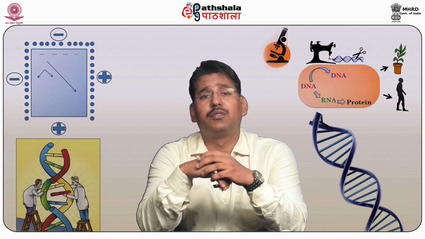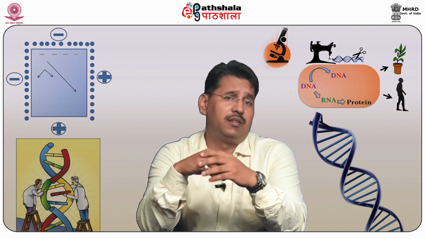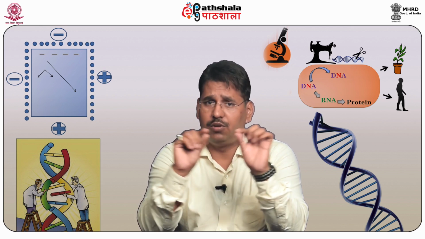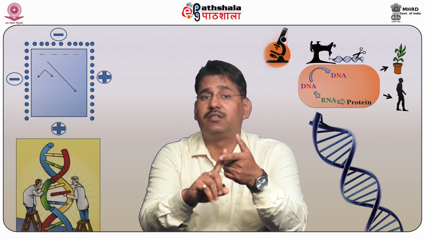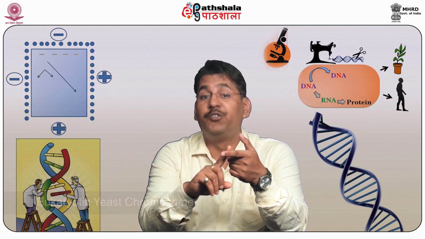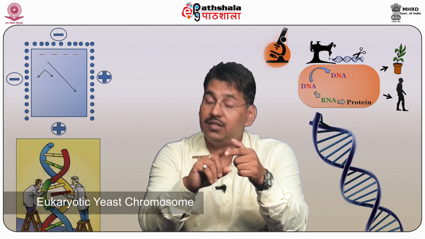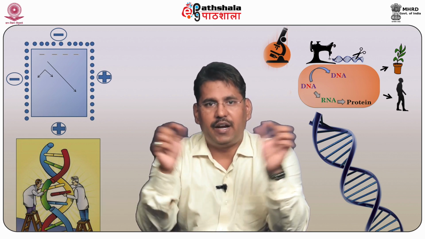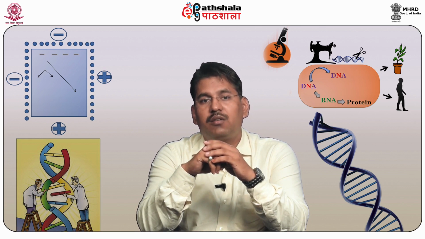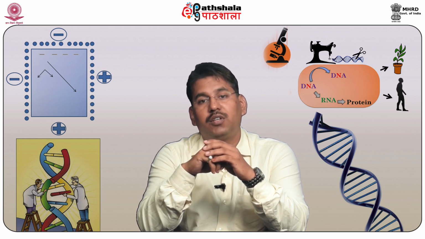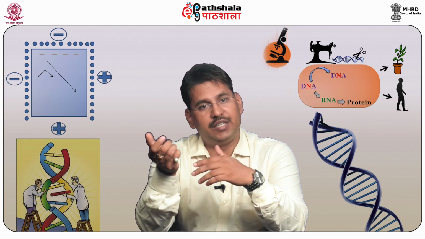Yeast artificial chromosome have following elements. First, it has an E. coli origin of replication, it has yeast origin of replication, it has elements of eukaryote yeast chromosomes, that is centromere and telomeric region. The selection markers for both the host bacteria as well as yeast.